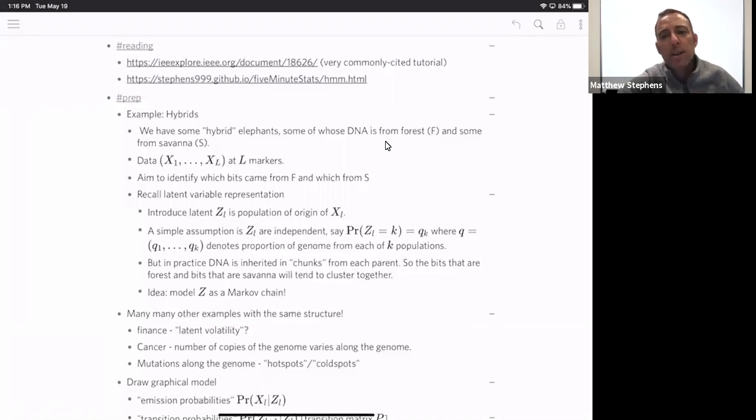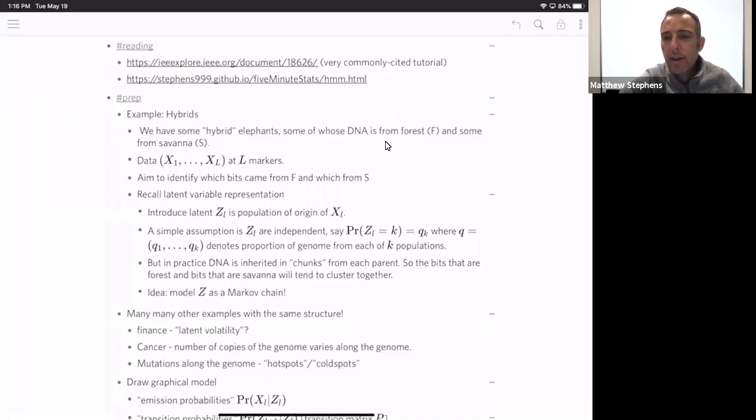Well, that's actually not quite interesting enough to make this example work, because if you had a parent from each, you would get one chromosome that was a forest chromosome and one that was a savanna chromosome. But imagine you have a grandparent that's a savanna elephant and three others that are forest elephants. That's a slightly more complex hybrid now.